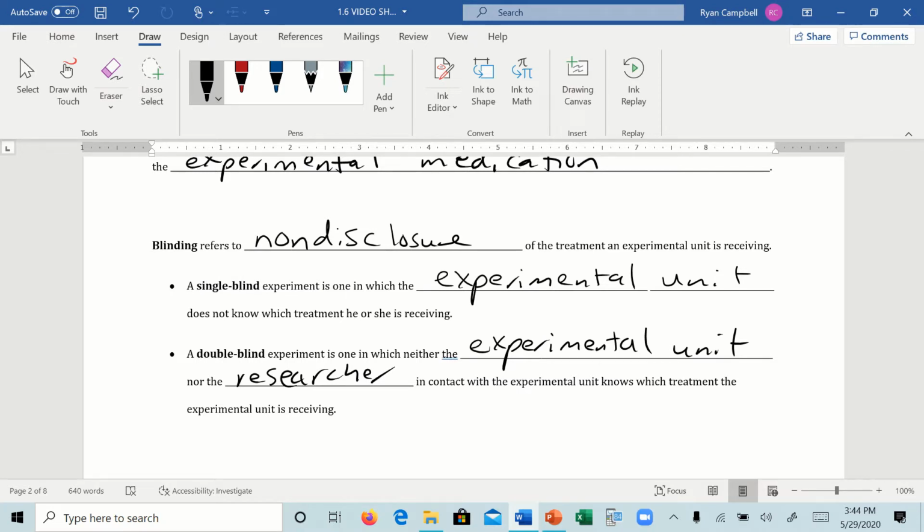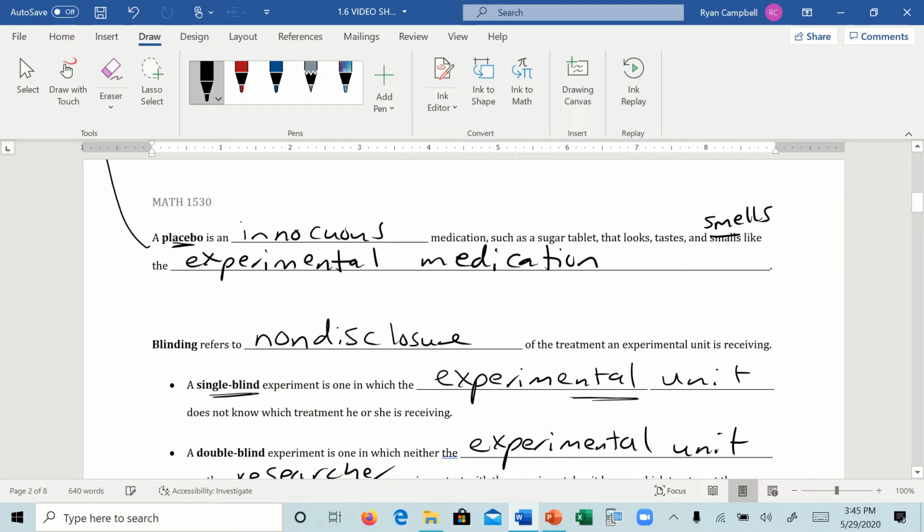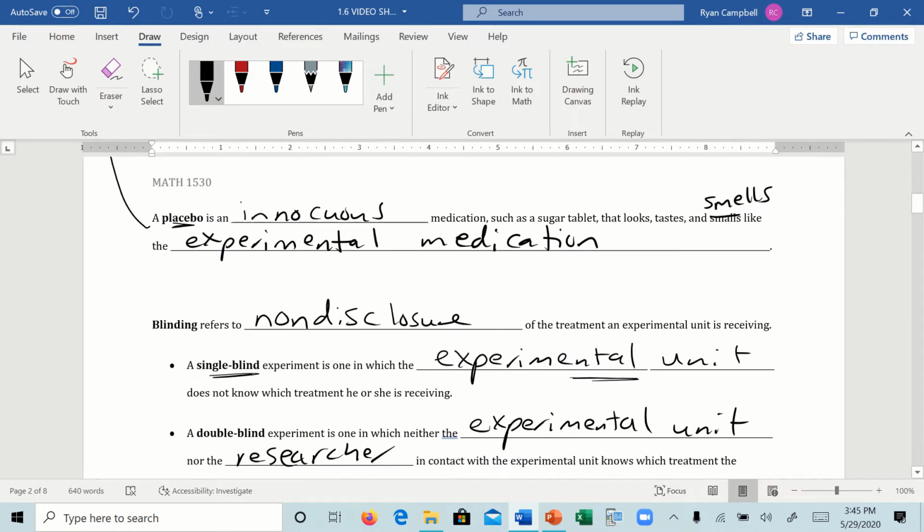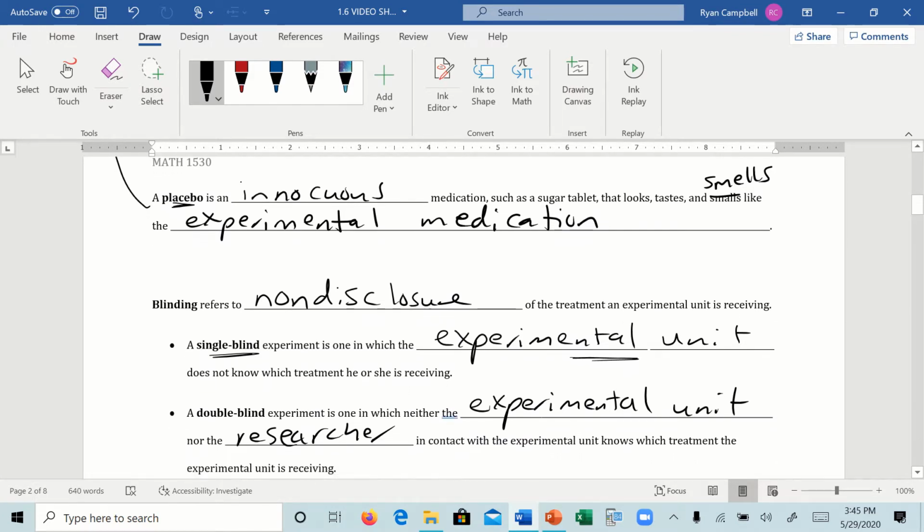Again, because of this psychological component, the reason why single-blind studies are used, why the subjects or experimental units should not know what's going on, is because if you know you're getting medication, you might feel like you're getting better. And if you know you're getting a placebo, you might subconsciously think, oh, I'm not going to get any better from this. This isn't helping me.